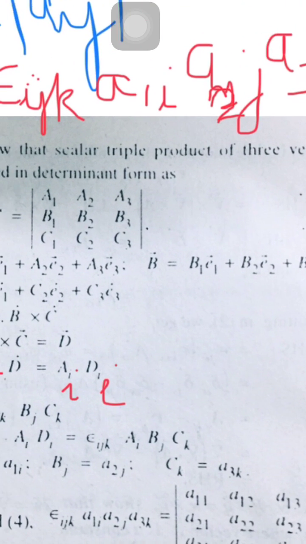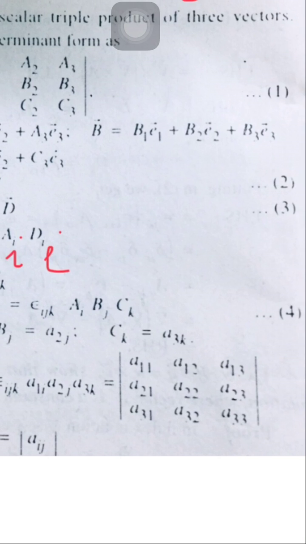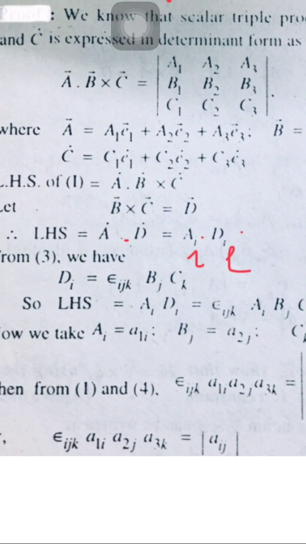In place of a1, a2, a3, b1, b2, b3, c1, c2, c3, putting these values, it becomes the determinant with rows a11, a12, a13; a21, a22, a23; a31, a32, a33, that is determinant a_ij. So the determinant a_ij is epsilon_ijk a_1i a_2j a_3k. This is a very important identity which we use to prove further identities, one of which is very important, the epsilon-delta identity, which we prove in our next lecture.